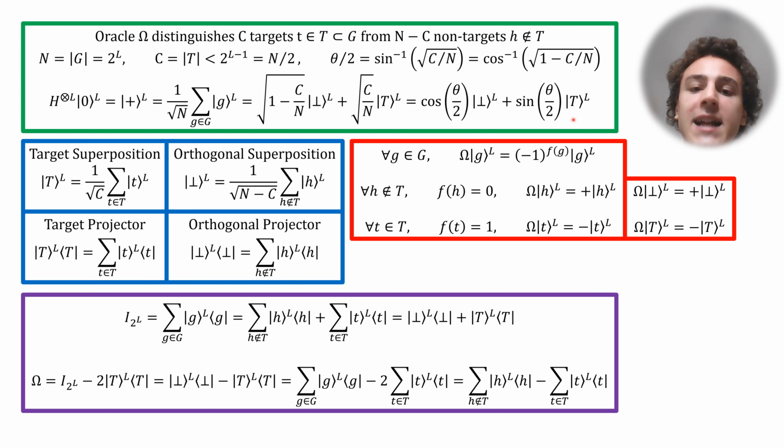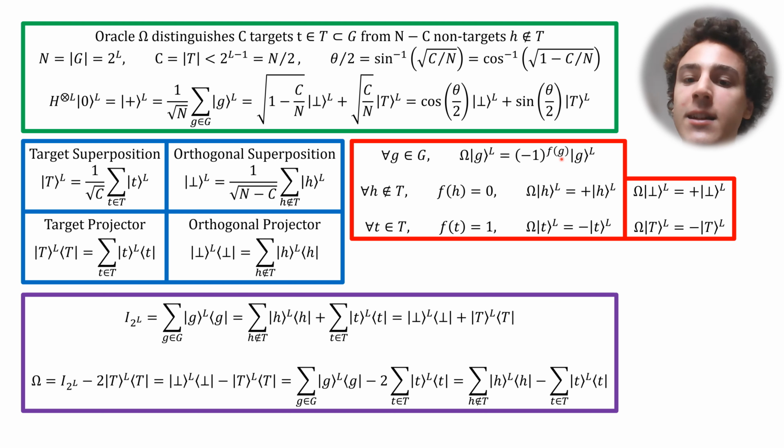Now let's have a look at what the oracle does to these basis states. So for all of the elements of the set G, if we use those little g's as labels for L-qubit computational basis states, and then act with the oracle on those states, we're going to get a phase factor being multiplied out here. And that phase factor is -1 to the power of this function f. And this function f is turned off for non-targets, and it's turned on for targets.